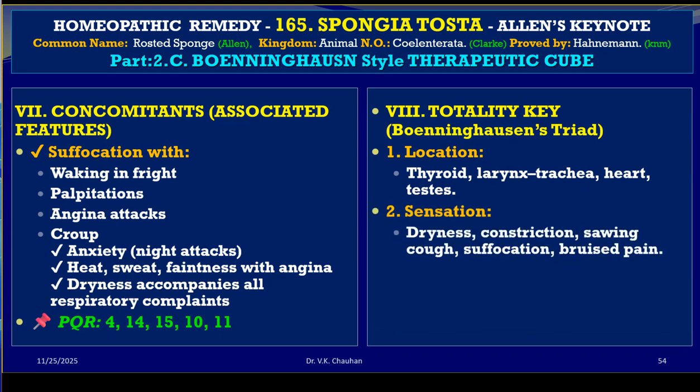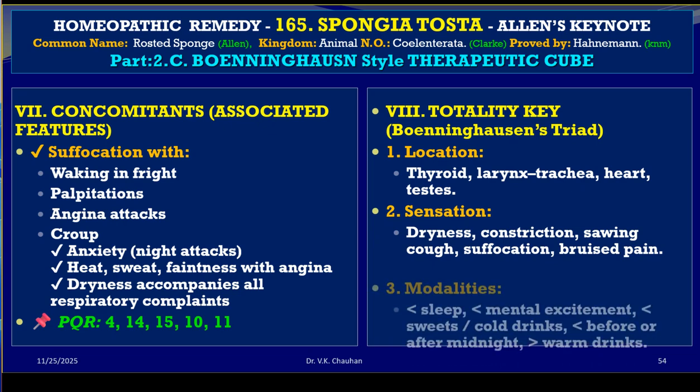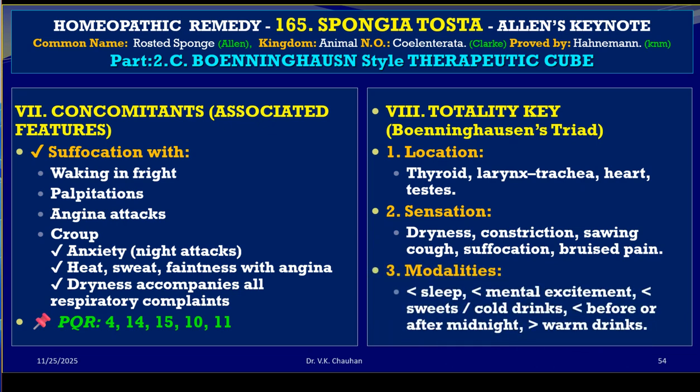If we talk about sensation, we have dryness, constricting sensation, sawing groove, suffocative sensation, and bruised pains. And third is the modality. You will find sleep into aggravation and worse by mental excitement, worse by sweet, worse by cold drinks, before or after midnight, and better by warm drinks.